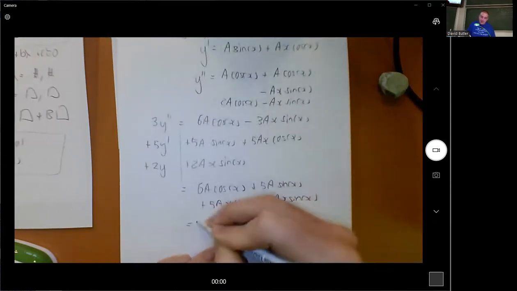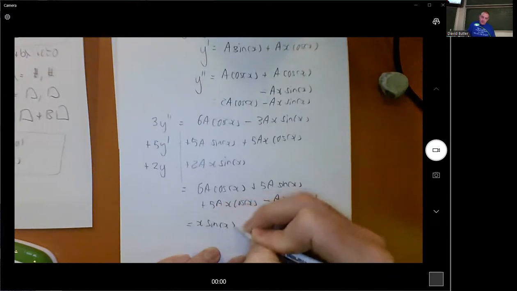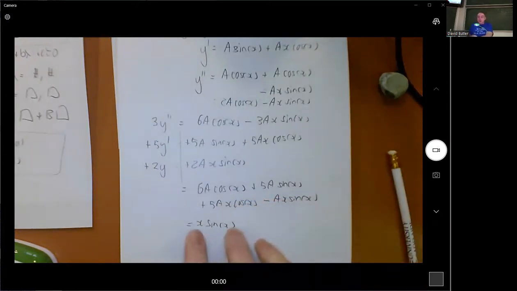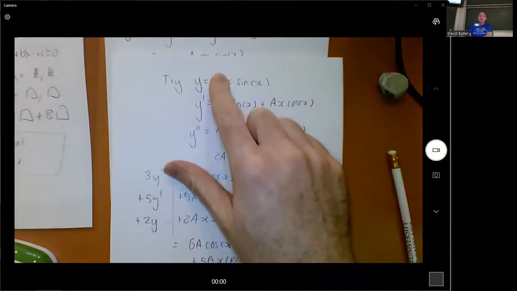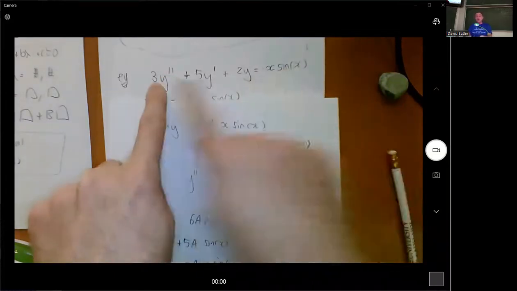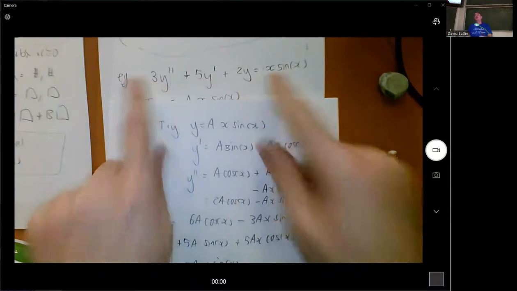And it's supposed to be equal to x sin x, right? This thing here doesn't have an x cos x, so the a would have to be 0. But if the a is 0, then the whole function is 0, and the whole function being 0 is not going to produce x sin x when I run it through here. That's why.